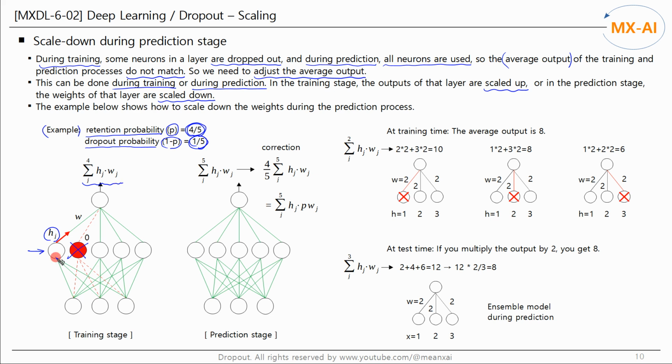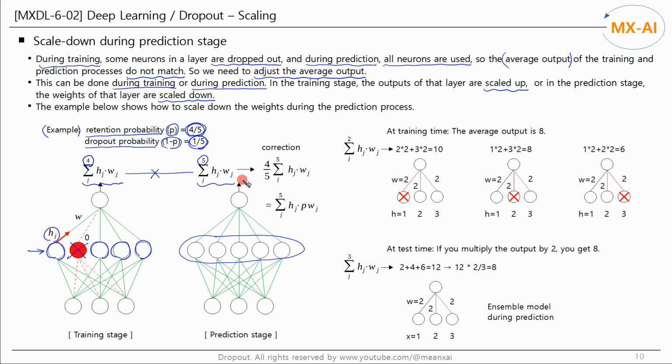There are 4 neurons left in the hidden layer, so only the outputs of those 4 neurons are used. However, during prediction, all 5 neurons in the hidden layer are used. Then, the output of the training process and the output of the prediction process will not match. One of the two needs to be modified. Here we will modify the output of the prediction process.